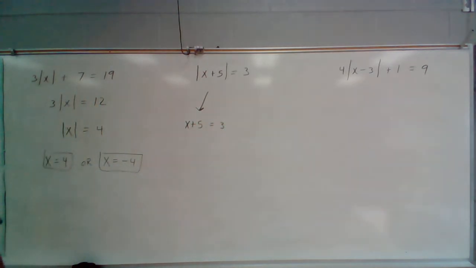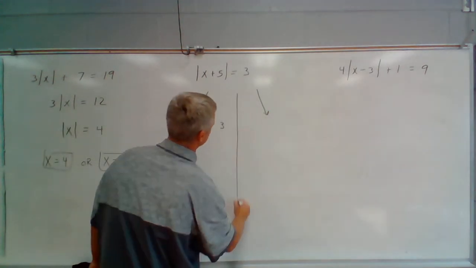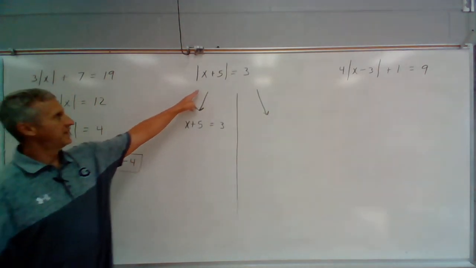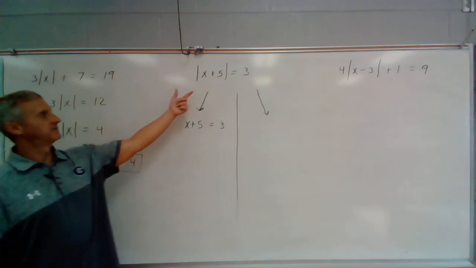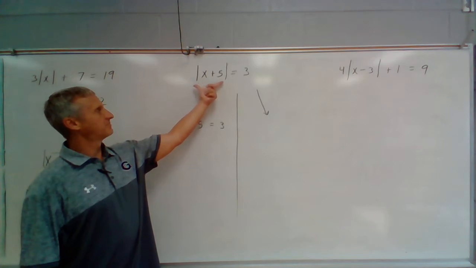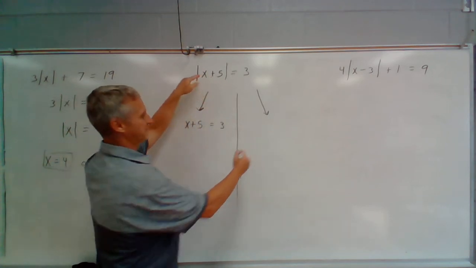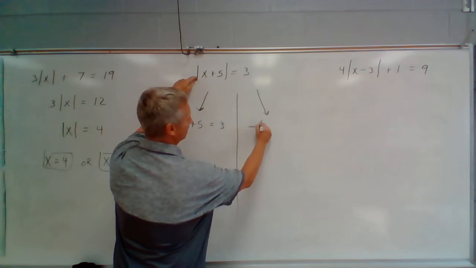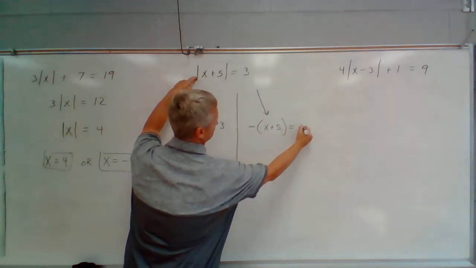That's one possibility. Second possibility is that everything inside the absolute value is negative. If it's negative, then the absolute value of everything in there is the opposite of everything in there. So the other possibility looks like this.